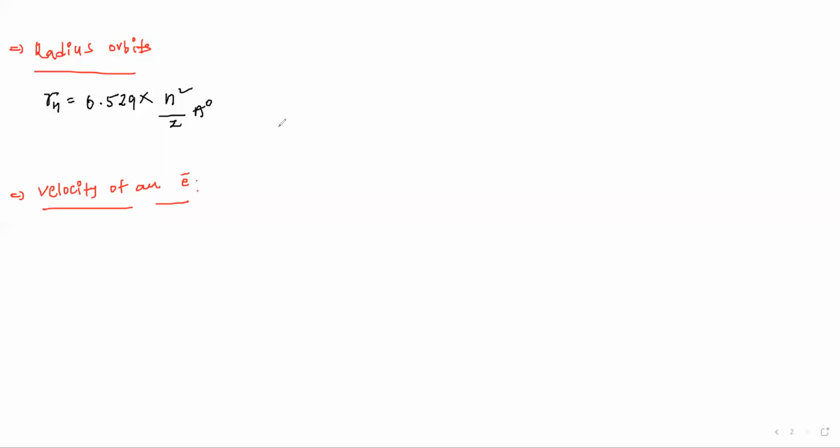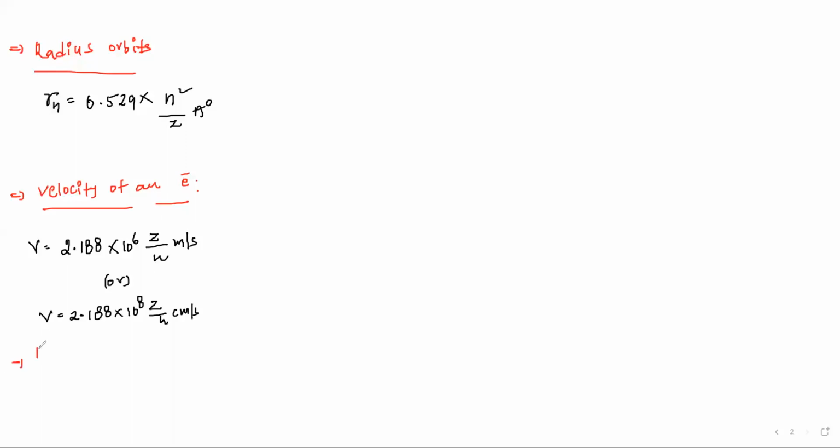Velocity of an electron, V equal to 2.188 into 10 to the power of 6 Z by n meter per second, or V equal to 2.188 into 10 to the power of 8 Z by n centimeter per second. Okay.